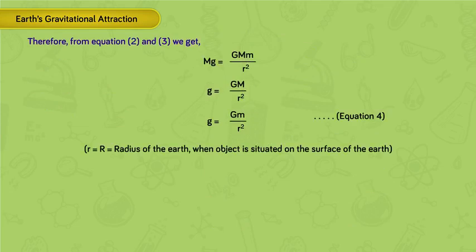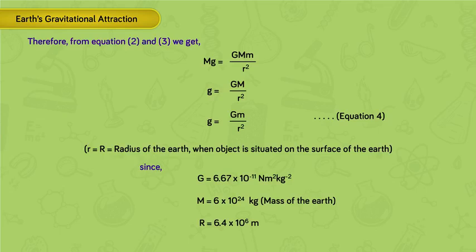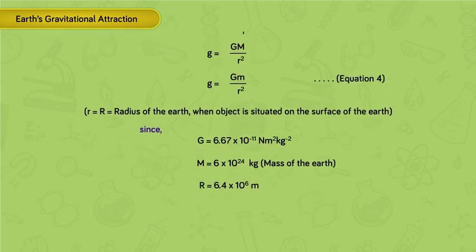When the object is situated on the surface of the earth, since G is equal to 6.67 into 10 raised to minus 11 Newton m raised to 2 kg raised to minus 2, where mass of the earth M is equal to 6 into 10 raised to 24, and R is equal to 6.4 into 10 raised to 6 m.